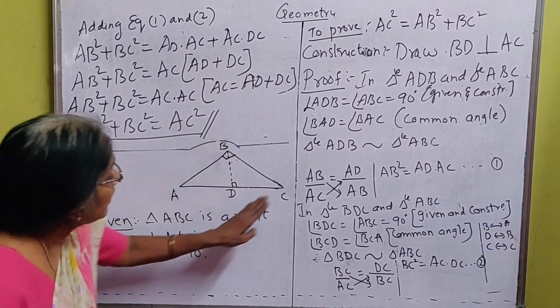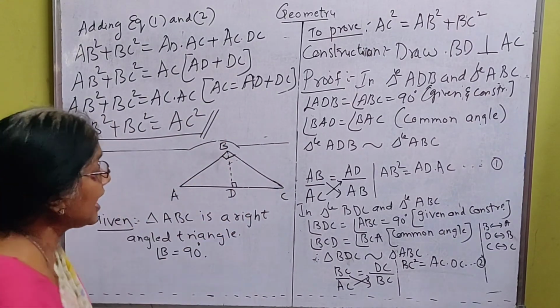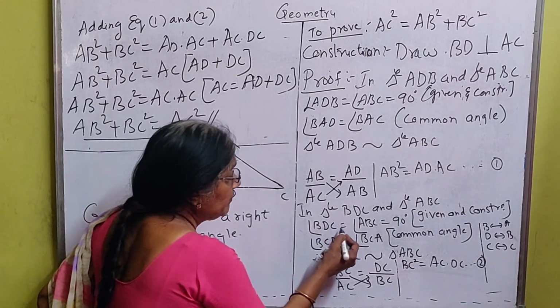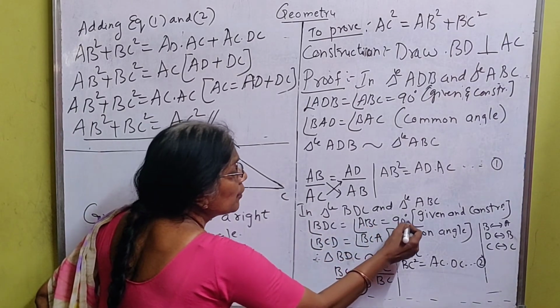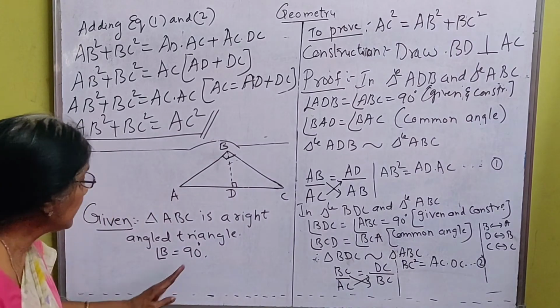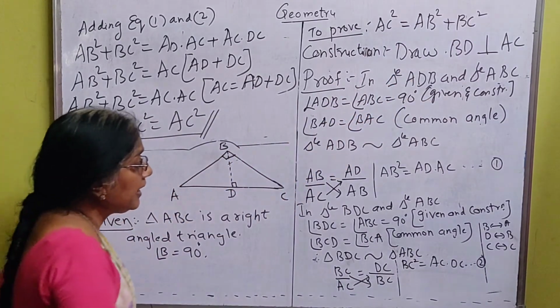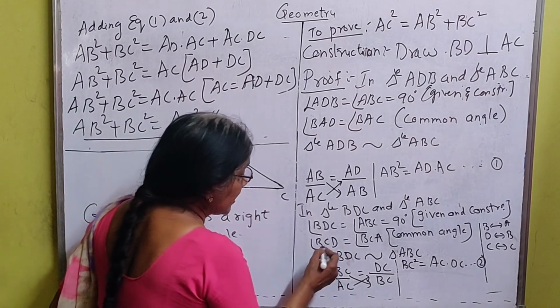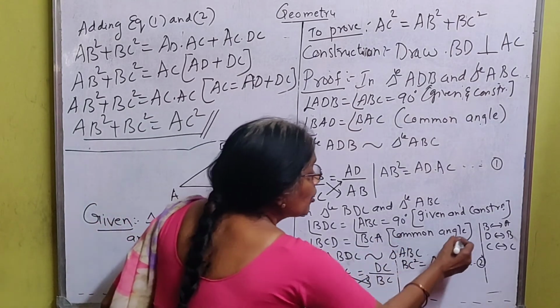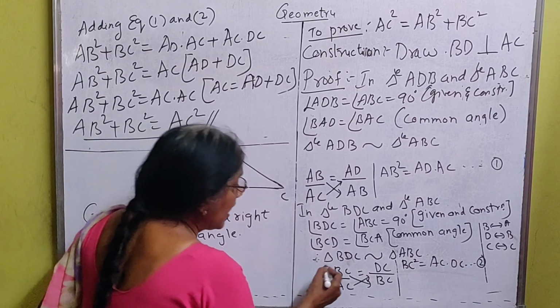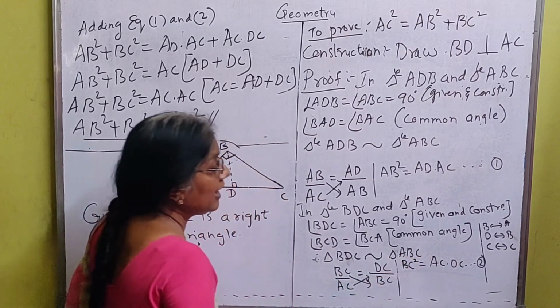Similarly, I took BDC and ABC. In the same way, I proved angle BDC is equal to angle ABC is equal to 90 degree. Same reason, given and construction. Next, C is a common angle, angle BCD is equal to angle BCA because it is common. So triangle BDC is similar to triangle ABC.